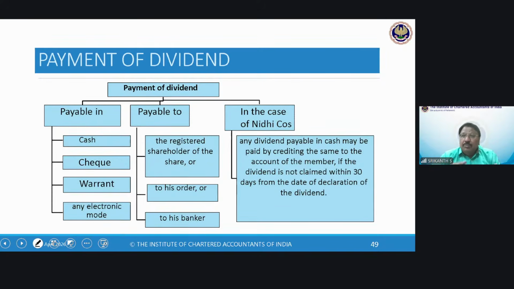So it's called a mutual benefit fund. A Nidhi company is also known as a mutual benefit fund. When surplus is there, the member will save it. Now that money will be used to give a loan to another member. This works when there are a lot of towns with an agricultural economy.